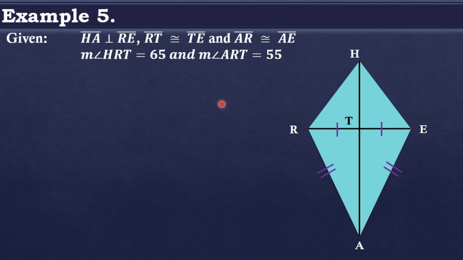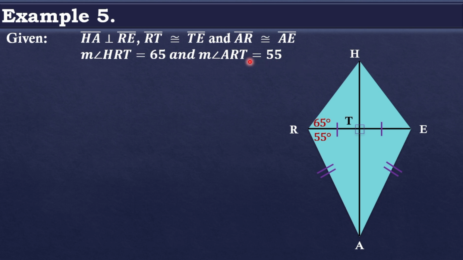Now, so the measure of angle HRT, ito si HRT, is 65. So, lagay natin. Okay? Ilagay natin si 65 degrees. And the measure of angle ART, ito naman yon, ART. So, this is 55 degrees. Ilagay natin. Okay?